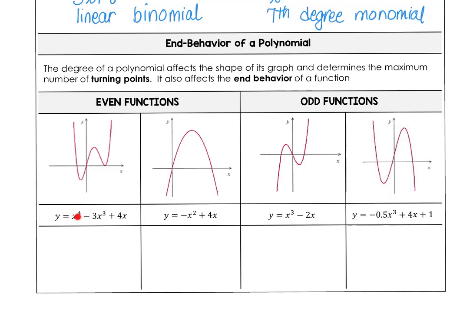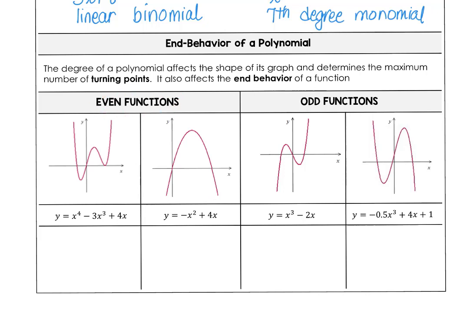Notice that x to the fourth is a positive leading coefficient, and negative x squared is a negative leading coefficient. That's why when the coefficient is positive, the end behavior is up and up, and when the leading coefficient is negative, the end behavior is down and down. But this happens on an even function.